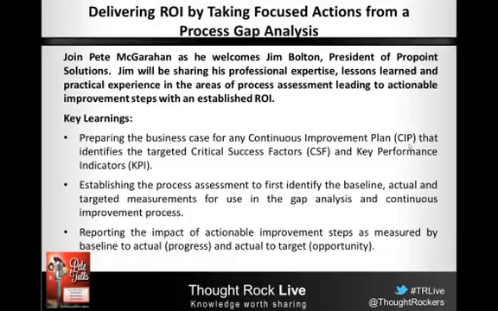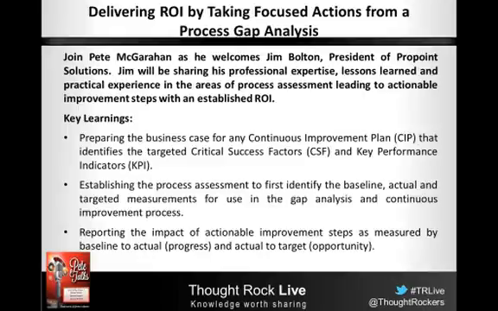Everybody, today Jim and I are going to, or mostly Jim, I'm just going to be your facilitator and ask the tough questions of Jim and put him in the hot seat and let him share his knowledge and experience. We tried to frame our 45 minutes together. Jim is going to talk about the roadmap, what is needed in terms of framing this continuous improvement gap analysis, making sure you have the right things identified at the beginning. Namely, in a CIP, we need to make sure that we have our critical success factors and our key performance indicators.